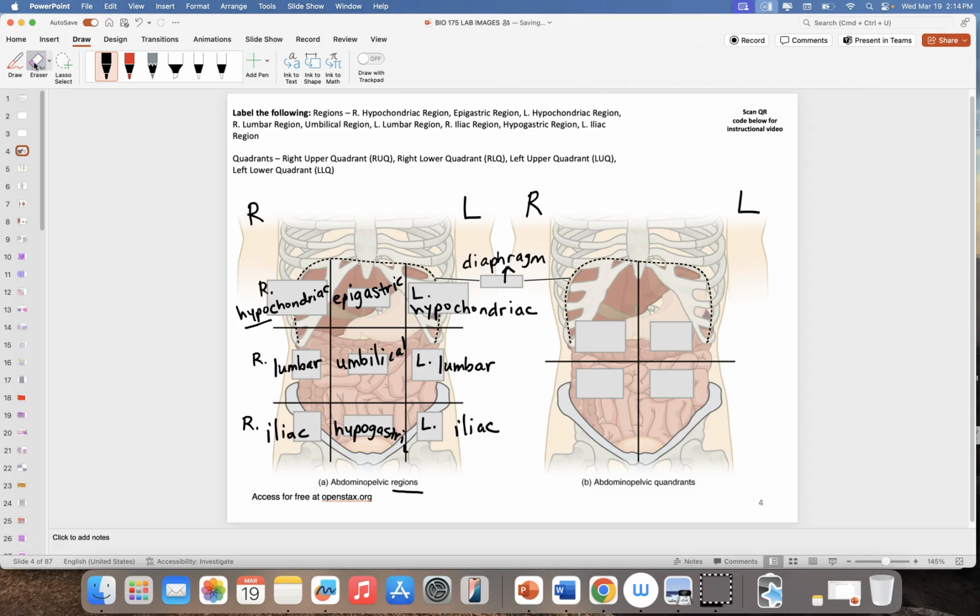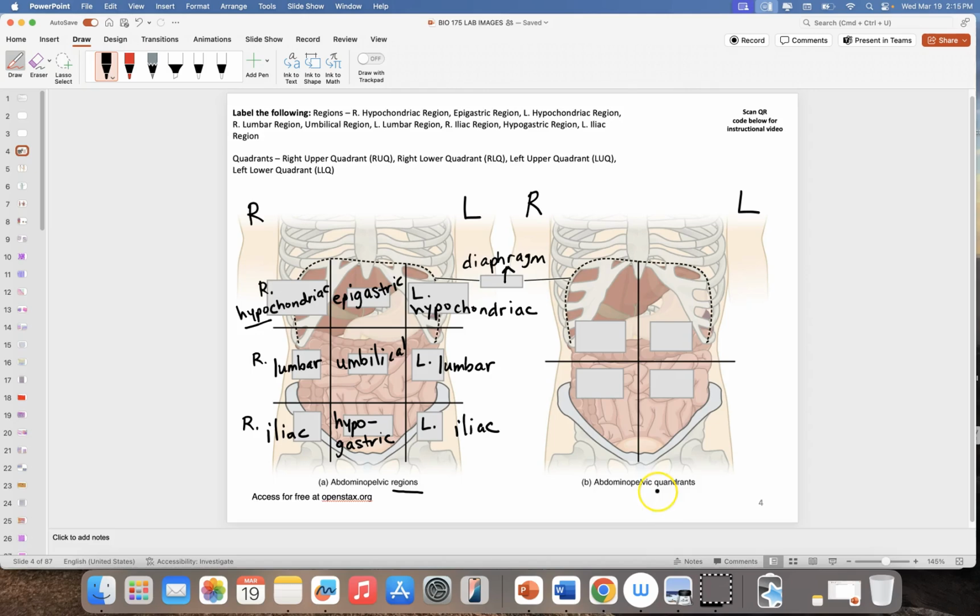My apologies. Let me get that a little bit better for us. But that is known as the hypogastric region. I'll hyphenate it. And you can also call it the pubic region. That's another name for it that is acceptable to use as well.